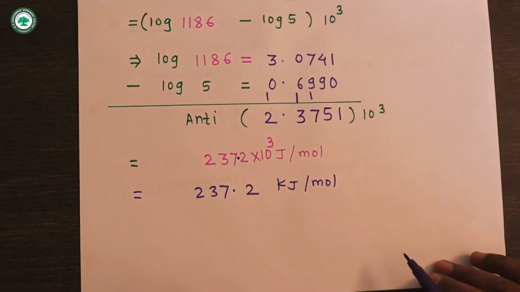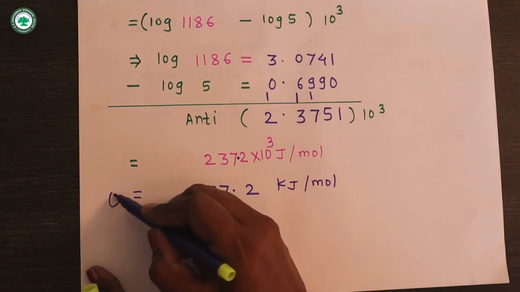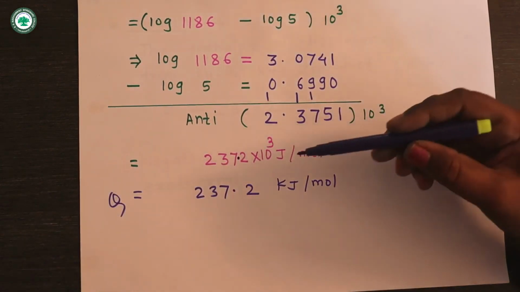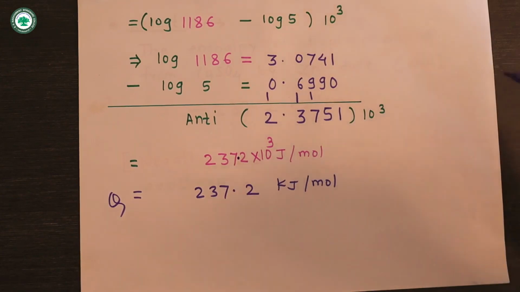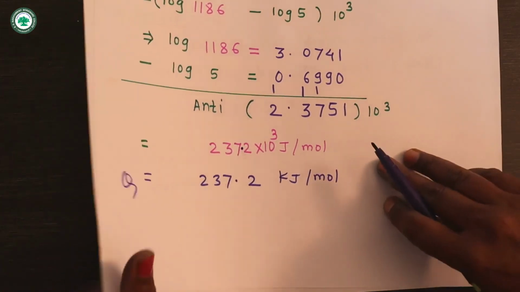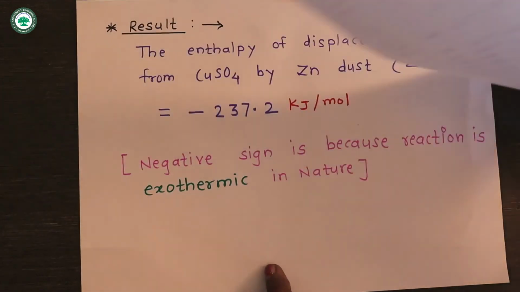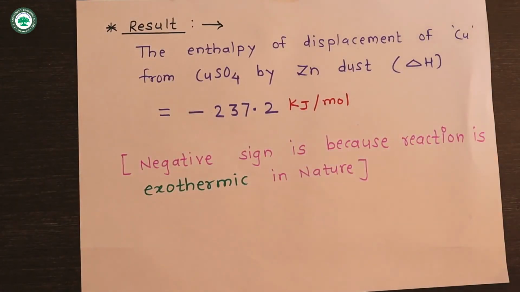Now in terms of kilojoule per mole, we can write the value as 237.2 kilojoule per mole. And so we have obtained the value from this displacement experiment.